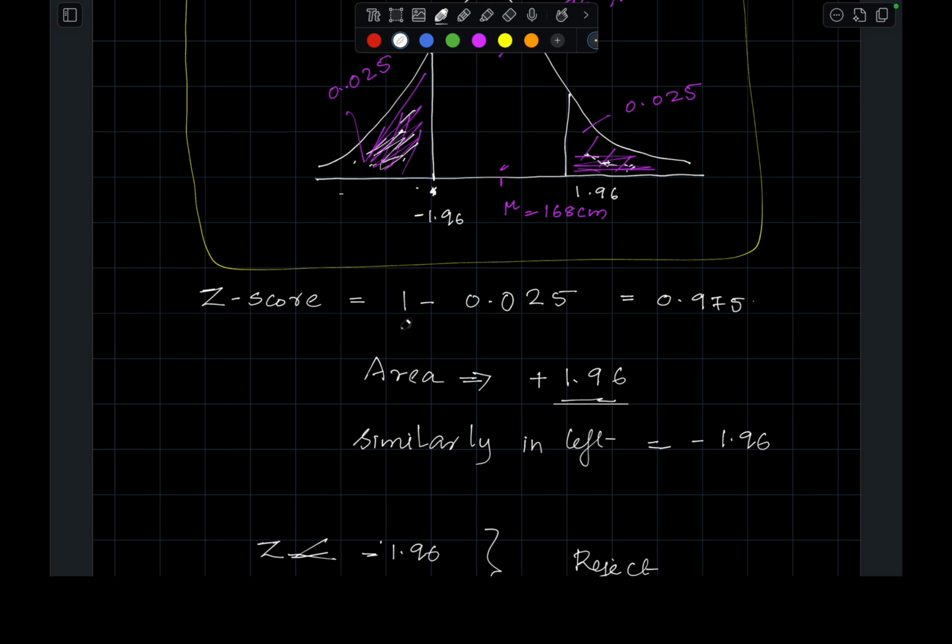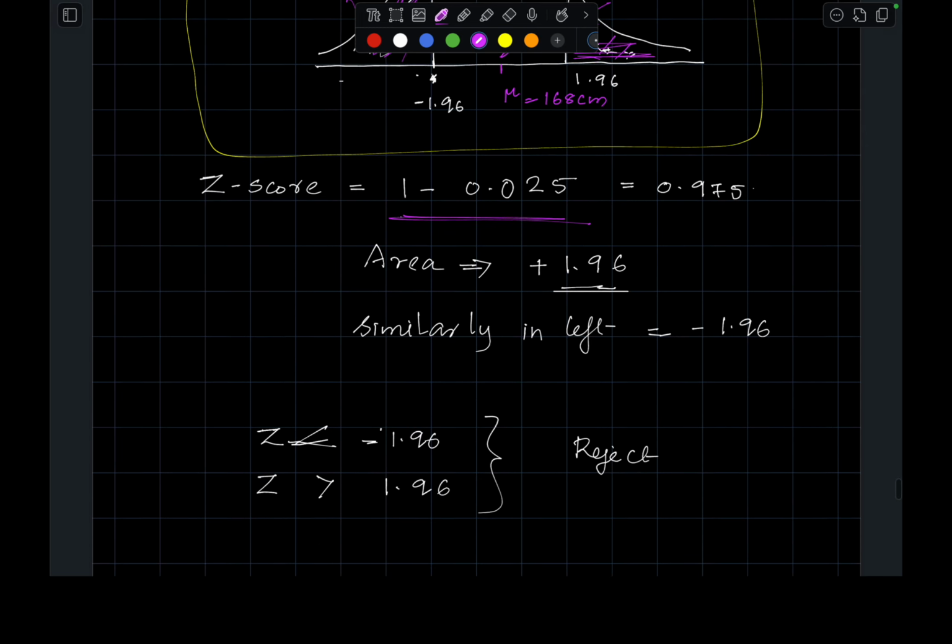This particular score was calculated by the experiment which we designed, which says that 2.5 percent on the left and 2.5 percent on the right, we are going to reject. So that is how we calculated this particular z score from the experiment, and we are trying to capture that particular area from the z table.